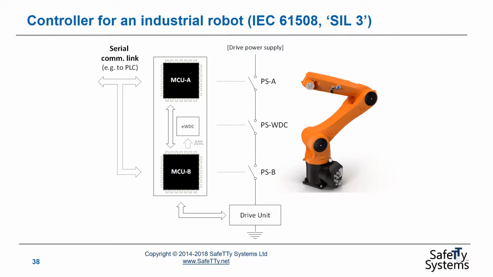This is an illustration of a dual processor design connected over a single communication bus to a programmable logic controller, a PLC in this case, and is used to control, we assume, a small industrial robot. So we're using two processors in this design, synchronized processors using shared clock architecture to ensure that we can safely control this industrial robot.